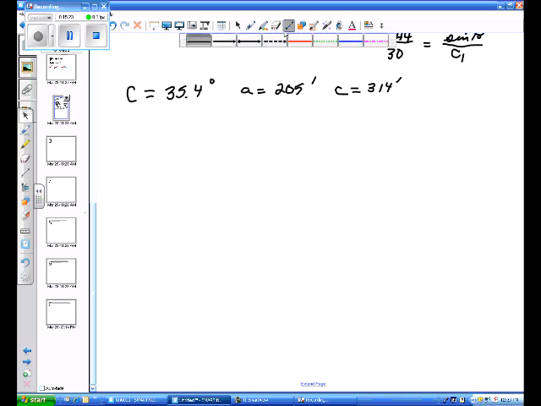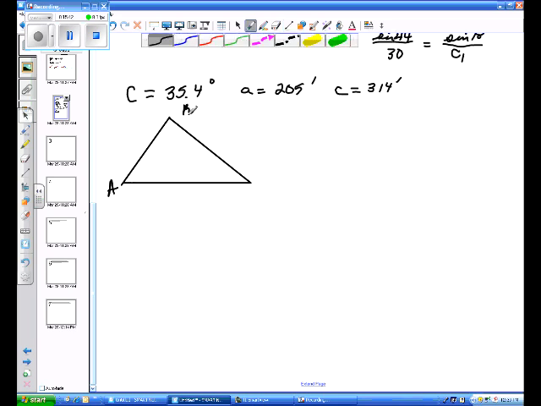So we draw our triangle. We're going to label it. So angle C was 35.4. Side A was 205. And side C was 314.